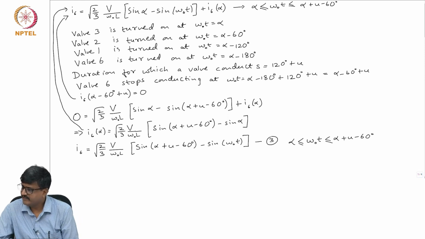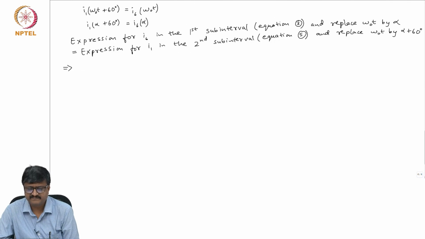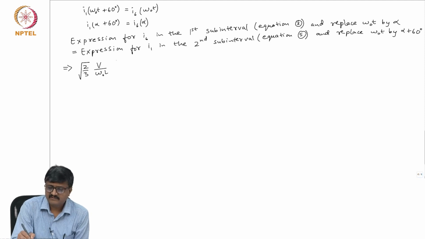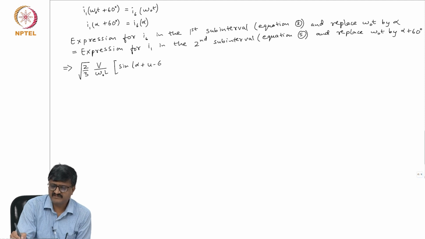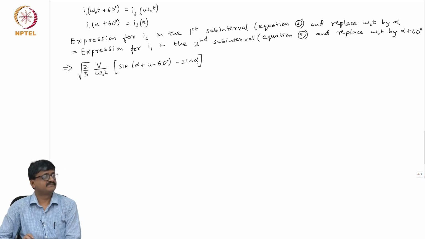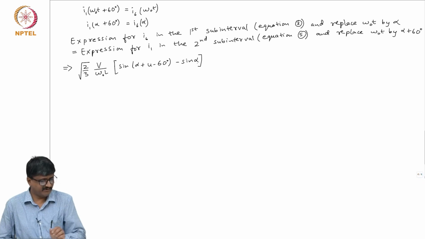So, what I get is root 2 by 3 V by omega OL into sin of alpha plus u minus 60 degrees minus sin alpha. So, that is the expression for I6 in the first subinterval after replacing omega ot by alpha.